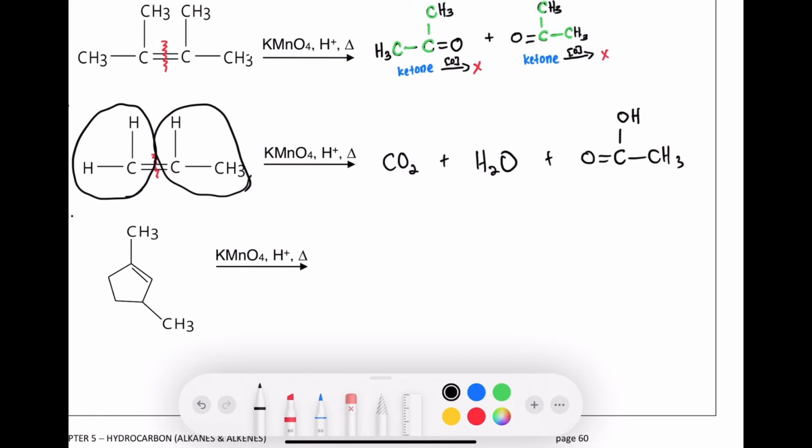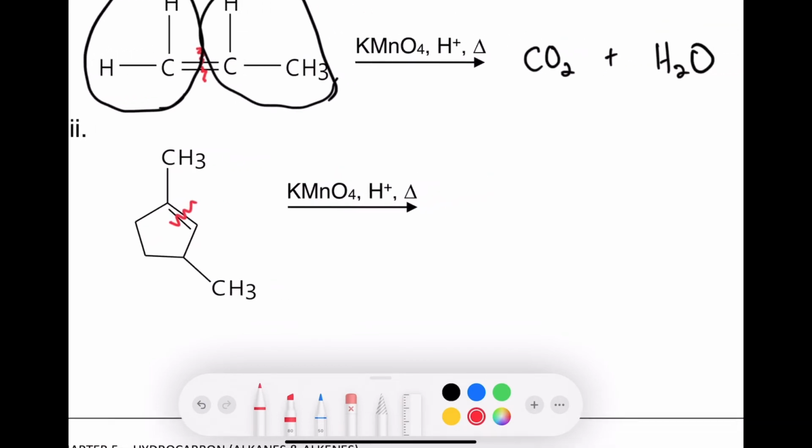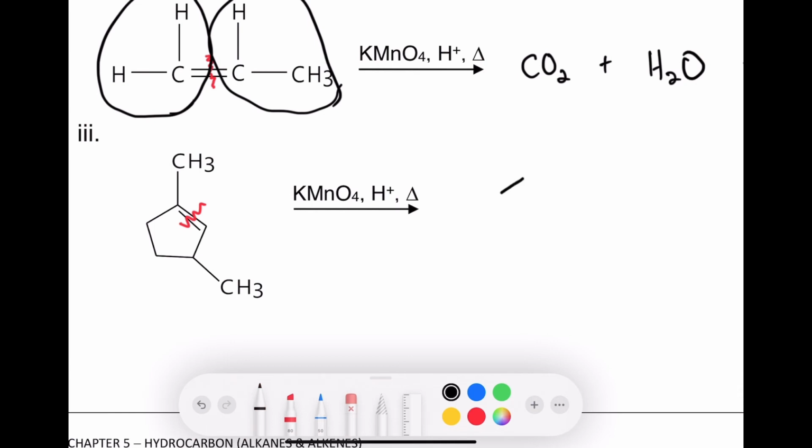Alright, so let's proceed with the third example. This is also the same. It will break here. So what will happen? This is CH3 and then this is CH3. Now how about if we get this one?